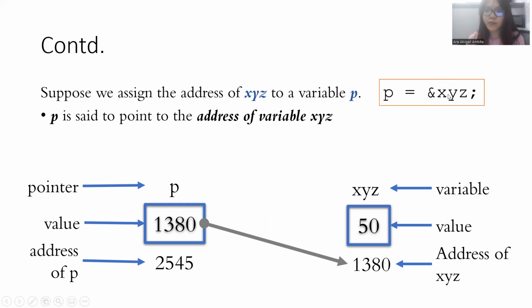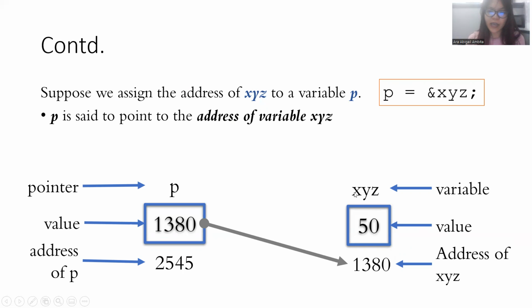XYZ is the variable that we declared in the previous slide. Adding this operator tells the compiler that we want to access its address. Since we are assigning the address of XYZ to the variable P, we can say that P is said to point to the address of the variable XYZ.